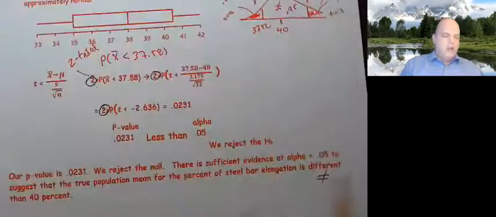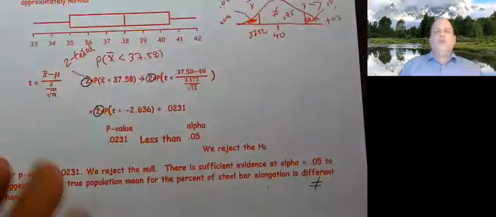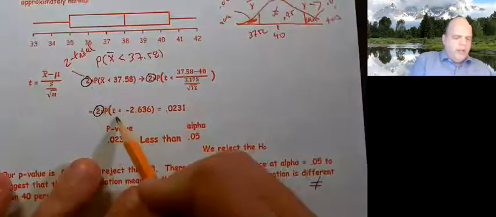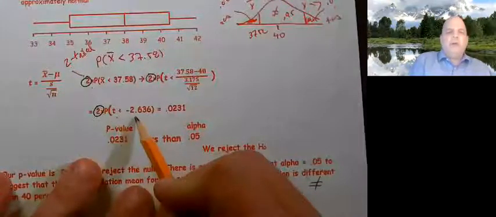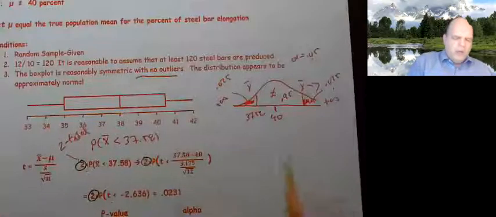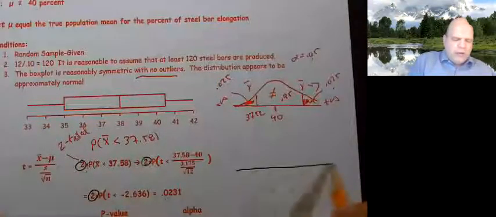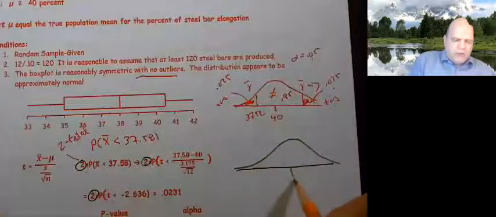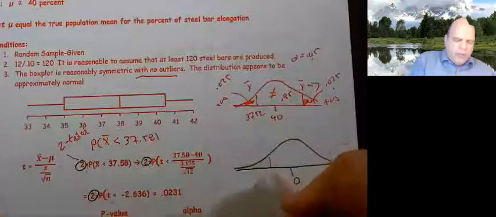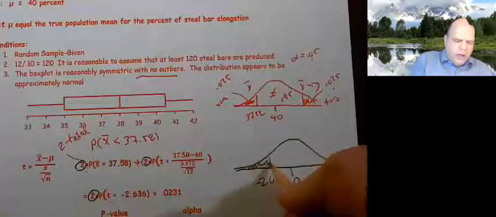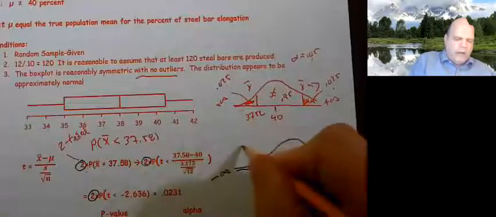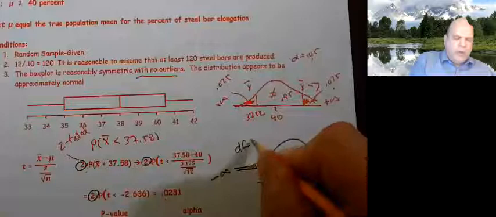All right. Now, I said I was going to do something on the doubling. So we have a t statistic of negative 2.636. So if I were drawing a picture of that, all t's are centered at 0. We have negative 2.636, and it's going to negative infinity. And we have degrees of freedom of 11.